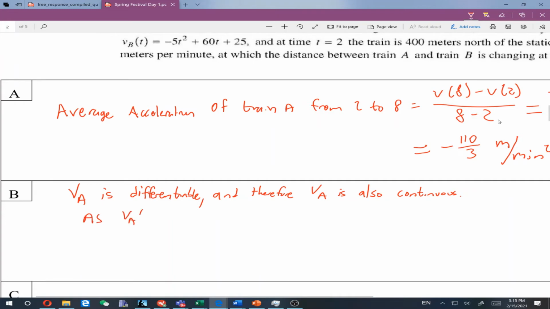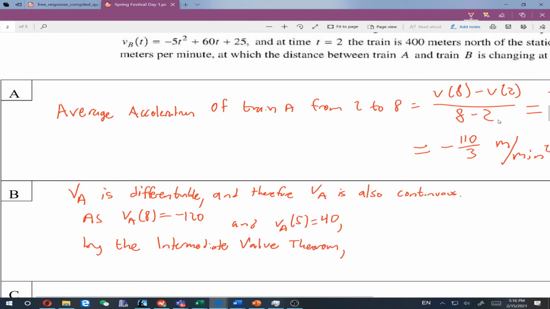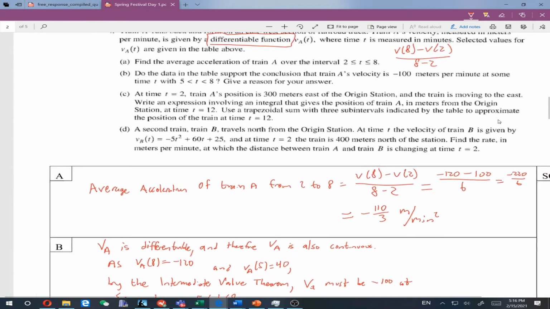As VA at 8 is negative 120, and VA at 5 is 40, by the intermediate value theorem, VA must be negative 100 at some time between them. All right, any questions on B? Zoom out.